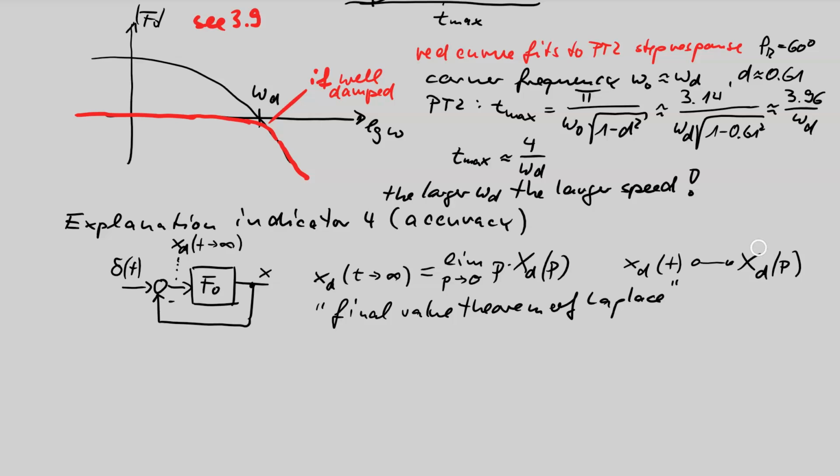So we now calculate an expression for this x_d(p). x_d(p) is the response of this loop system, where this is the response of a step function, 1 over p, multiplied with the function which produces this signal. This is the output, this is the input.